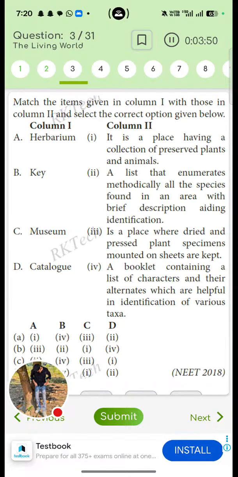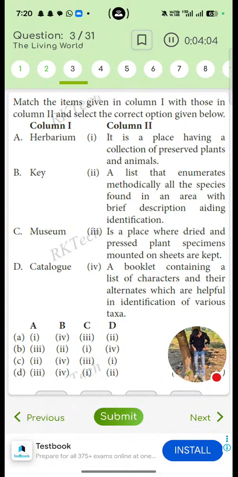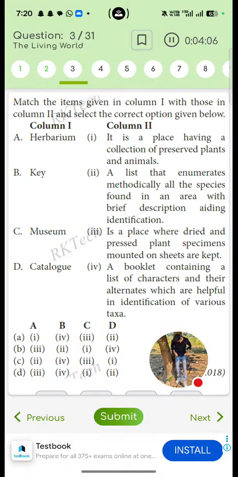Next, match the items given in column 1 with those in column 2 and select the correct option. Herbarium, key, museum, catalog. Option 1.